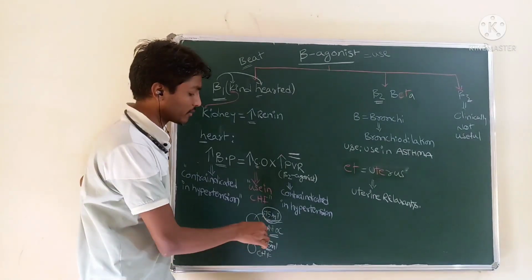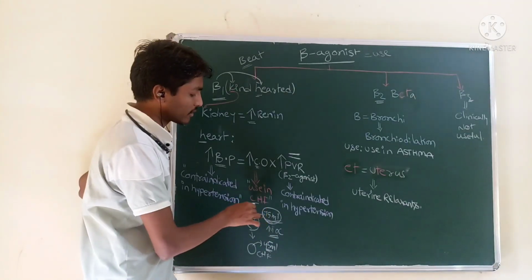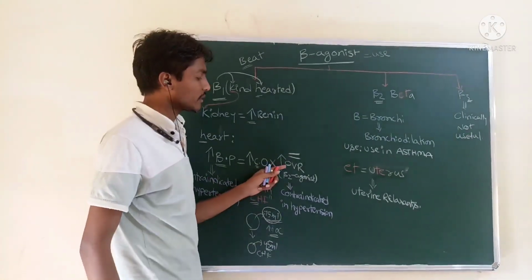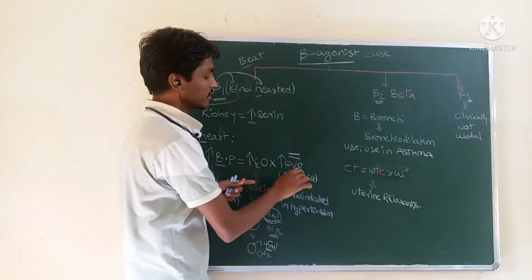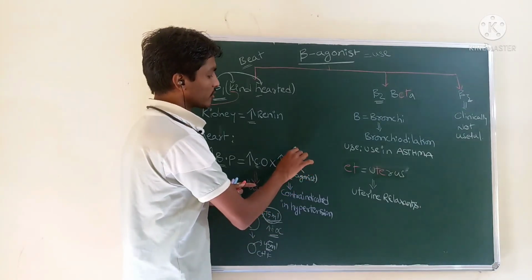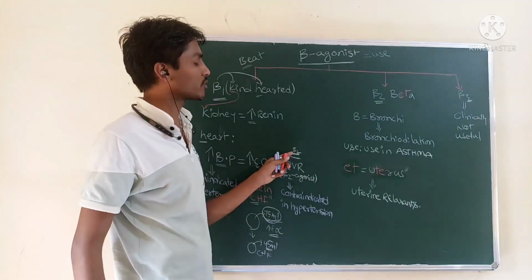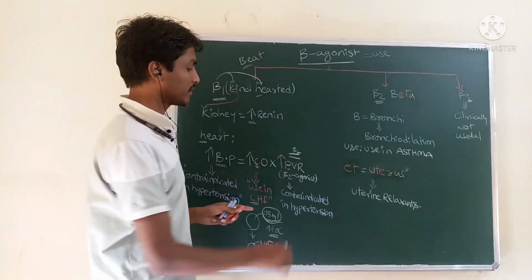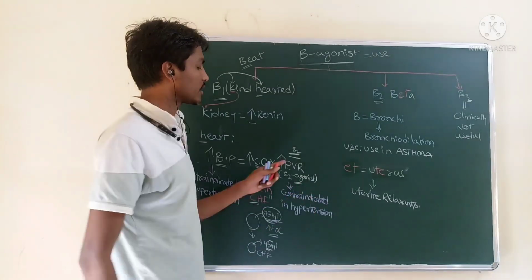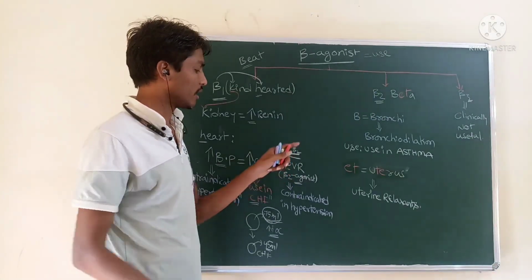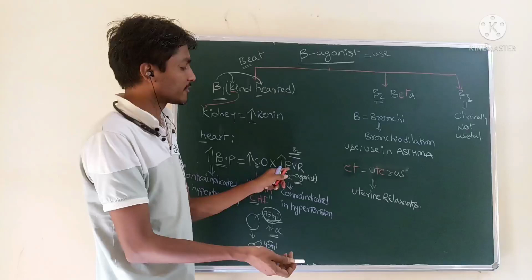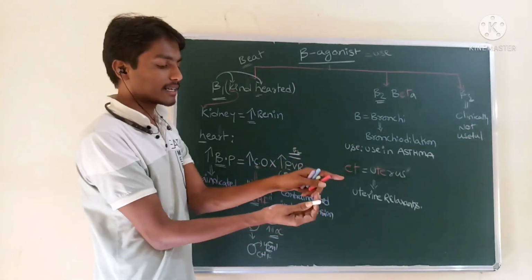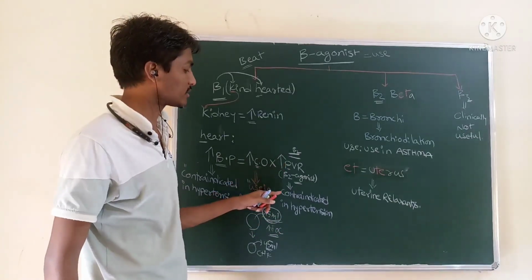Now peripheral vascular resistance. Beta 2 receptor is also present in the smooth muscle of blood vessels. Constriction of blood vessels we call peripheral vascular resistance. In hypertension, vasoconstriction is already there.